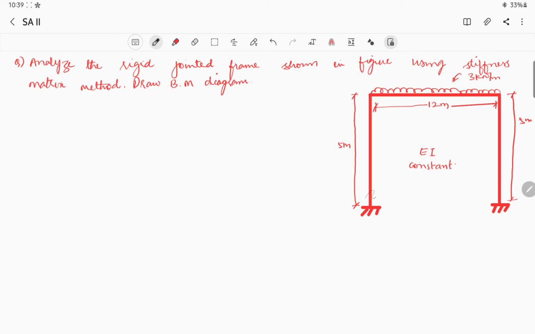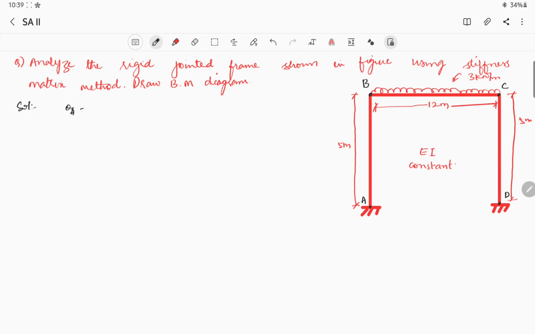So before that, I'll name these points A, B, C and D. Now to calculate the degree of kinematic indeterminacy, we check the rotations.